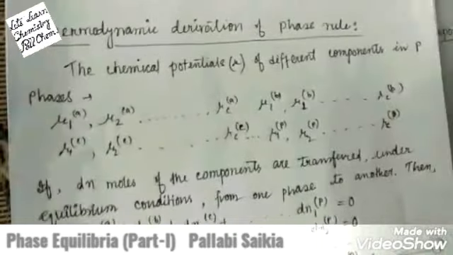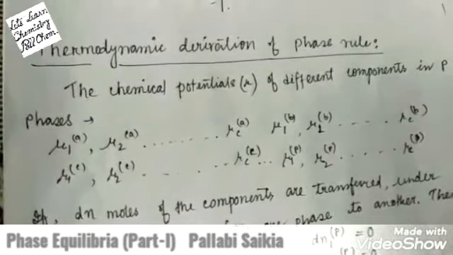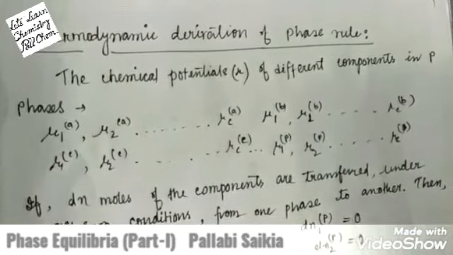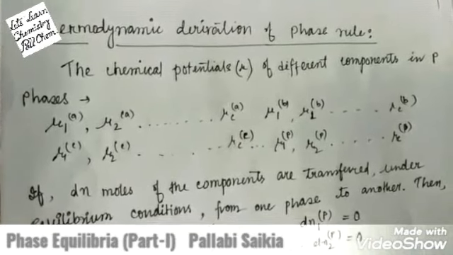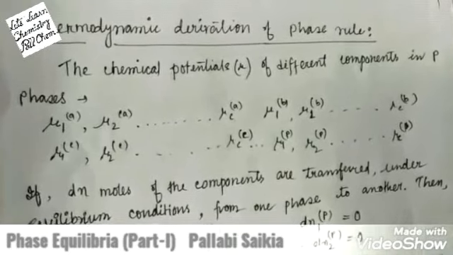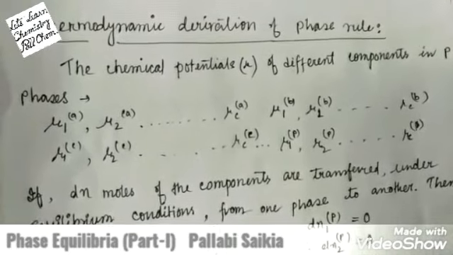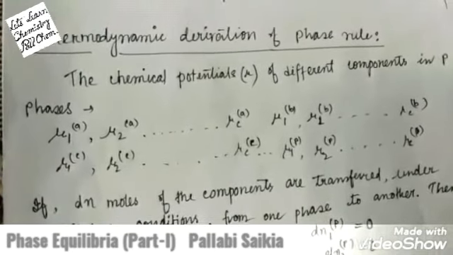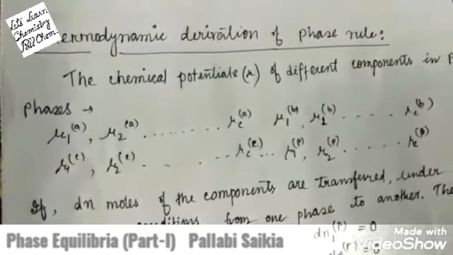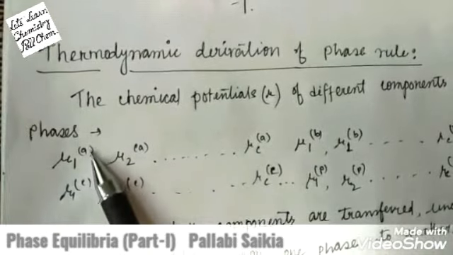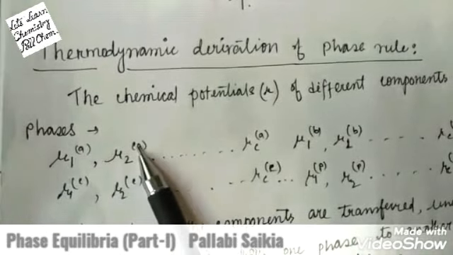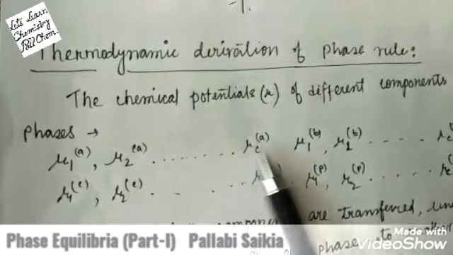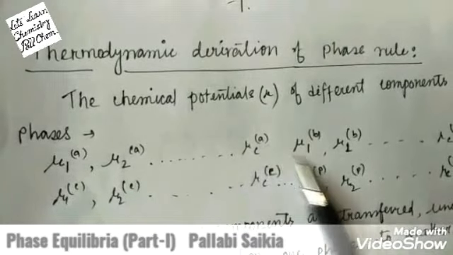Now, the thermodynamic derivation of the phase rule. To derive the phase rule thermodynamically, we need to consider the chemical potentials of different components, suppose 1, 2, 3 up to C, in different phases, suppose phase A, phase B, phase C up to phase P. So the chemical potentials will be mu1 for phase A, mu2 for phase A, mu C for phase A for the different components.